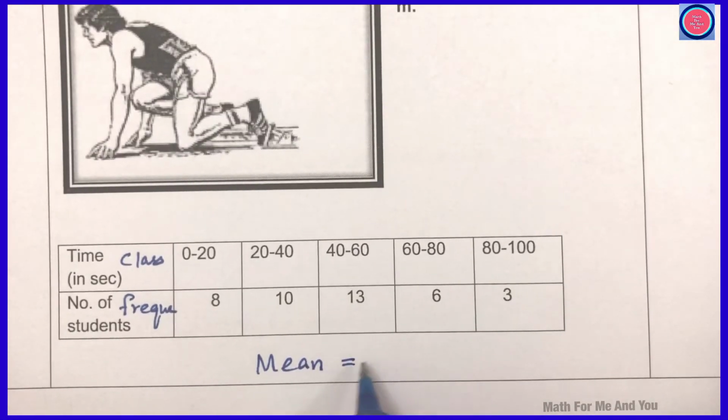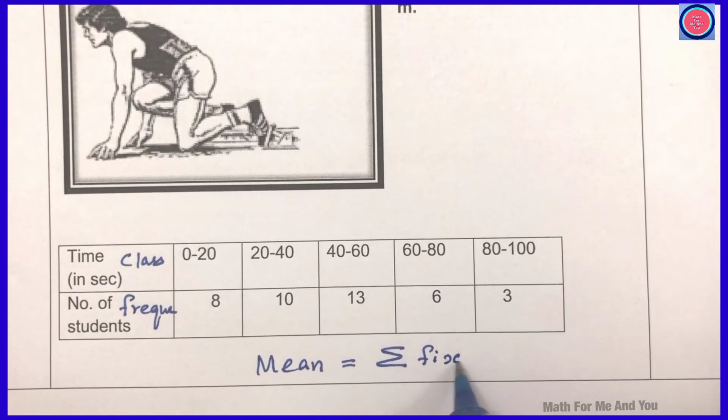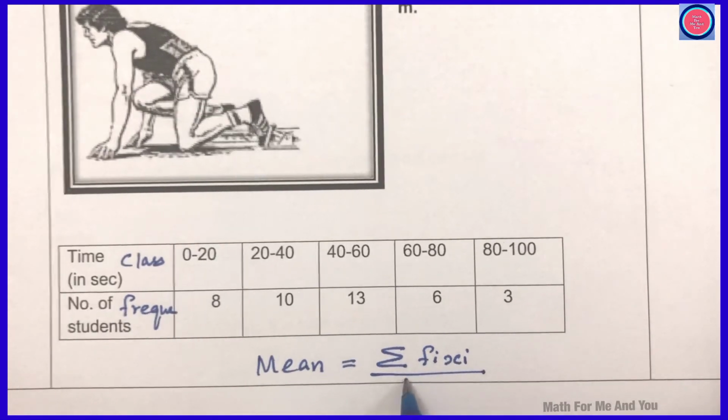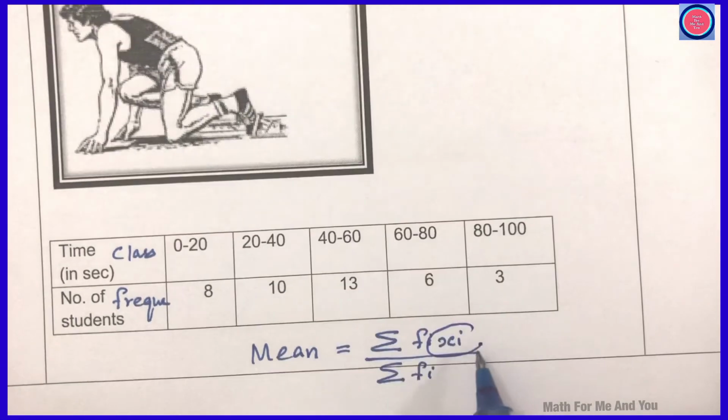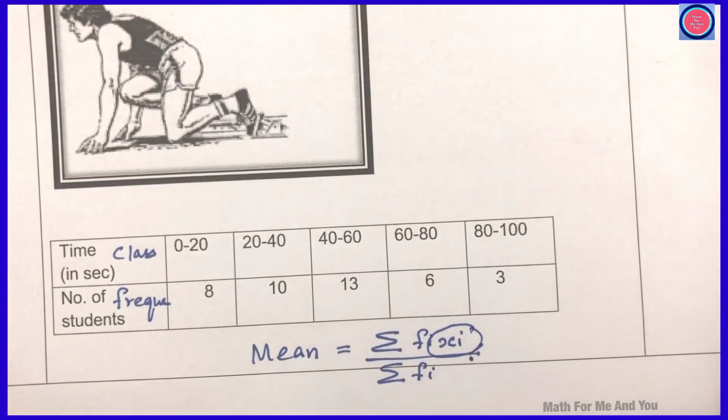Mean. What is the formula for finding mean? Sigma Fi xi over sigma Fi. Sigma means the total. Fi, that means frequencies. What about xi? xi means every class we have to find the midpoints.